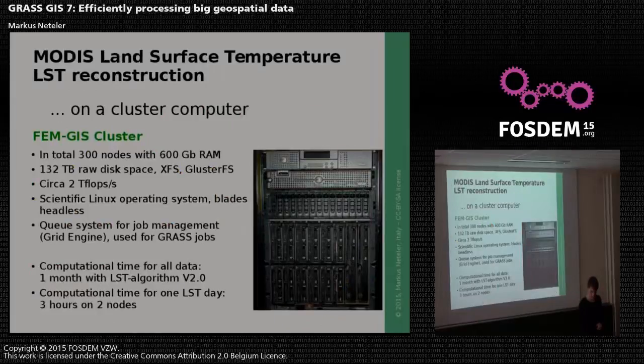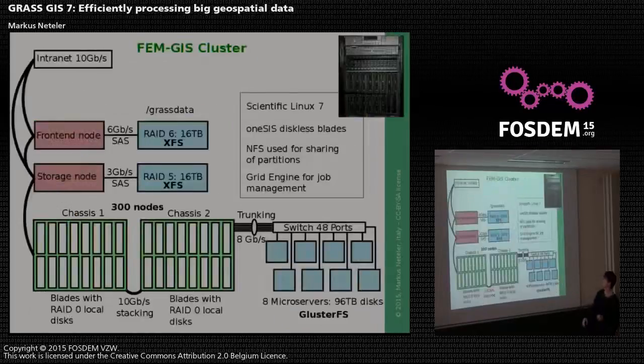Due to lack of time, I don't speak about the technical stuff too much, but just to give you an idea what HPC could be. This is what we have been setting up, and maybe I would be happy to discuss this if you are doing similar things. Yesterday there was a talk about cluster file system, so we're also using cluster file system here, having small low-cost boxes.